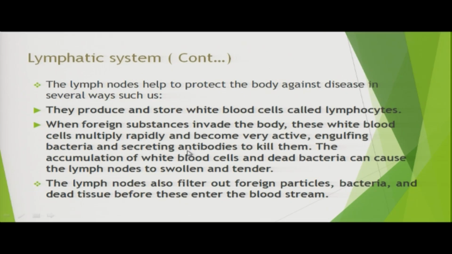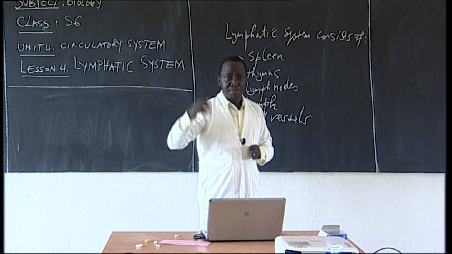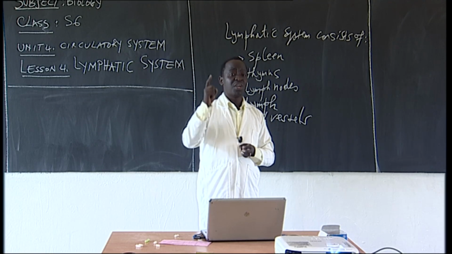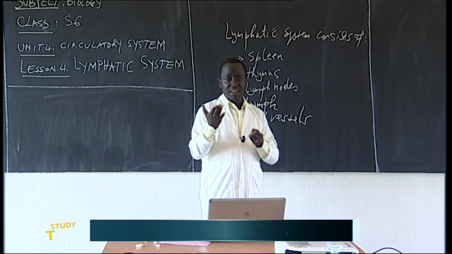Another role of these lymph nodes is to filter. They filter out the foreign particles, like bacteria, and dead tissue, before they enter into the blood system. Because we have two systems, the blood circulatory system and the lymphatic system, the lymph nodes have to filter.